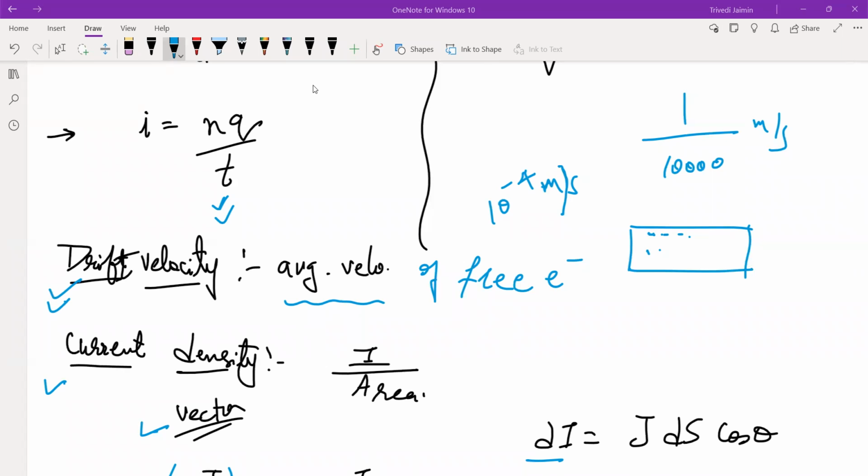It won't take so much time. This means for moving 1 meter, it will take 10 to the power 4 seconds. That's what it means. But still, it is so fast. What is the reason behind that?